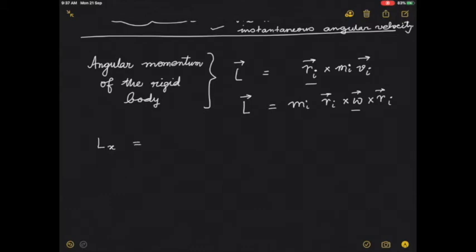What is the x component of the angular momentum? Let us calculate the x component of the angular momentum, because this will give us some insight. So this is m_i. Remember that there is a summation over i which I have not written here. Sum over i implied.